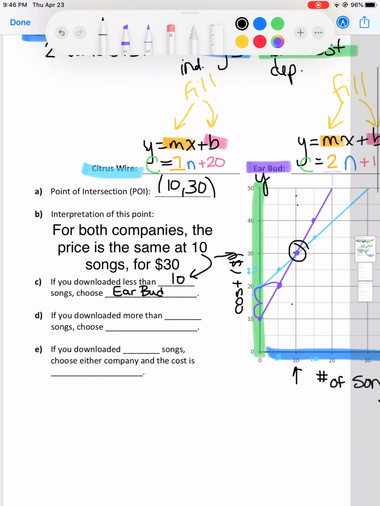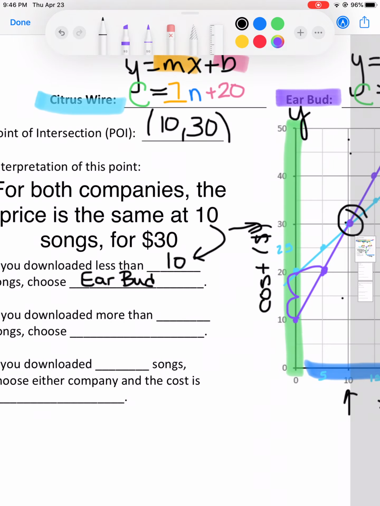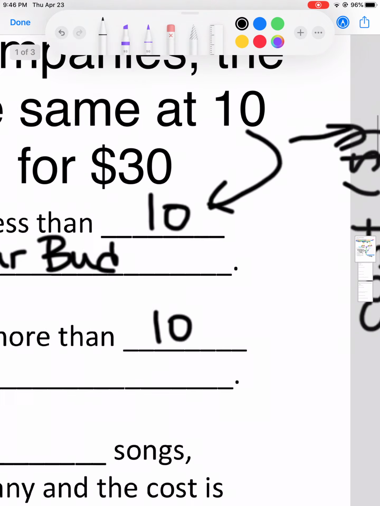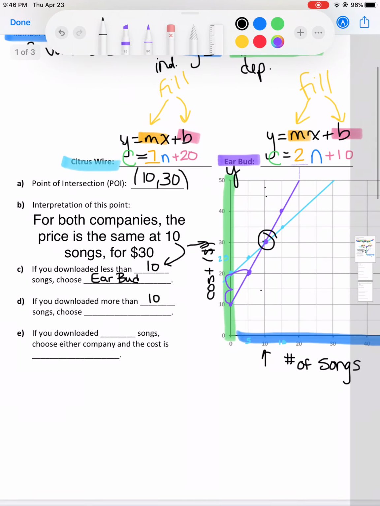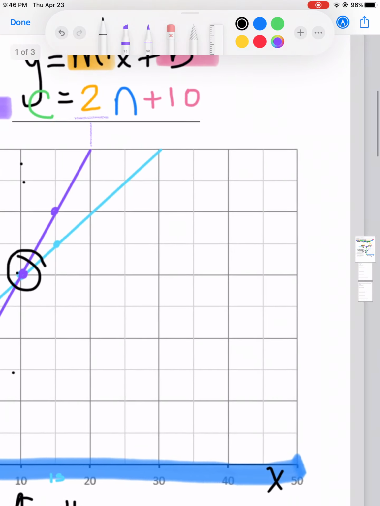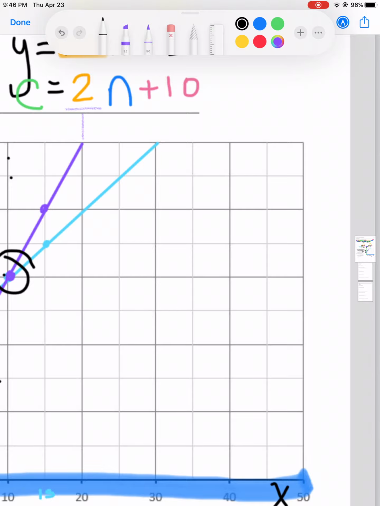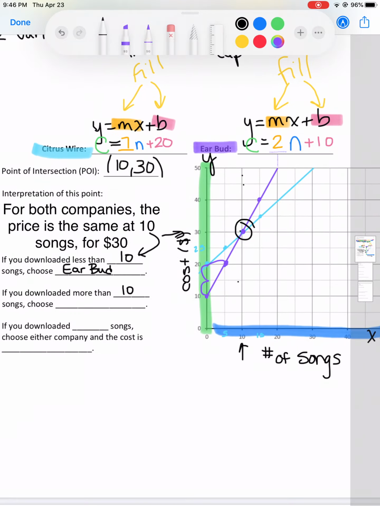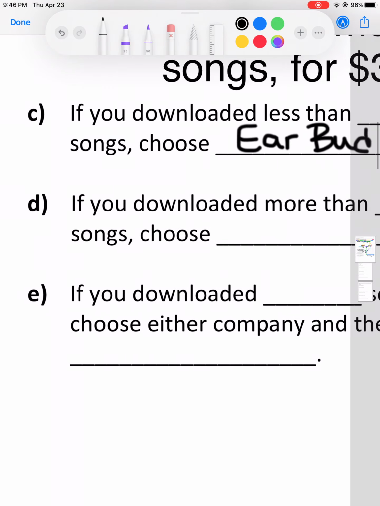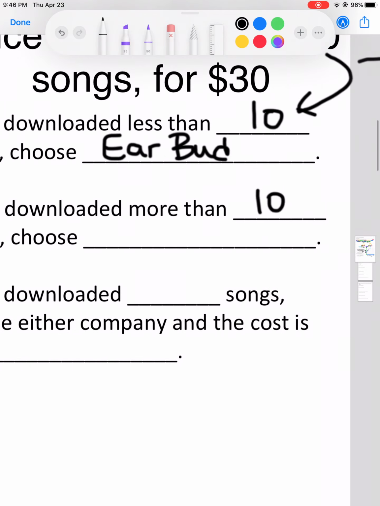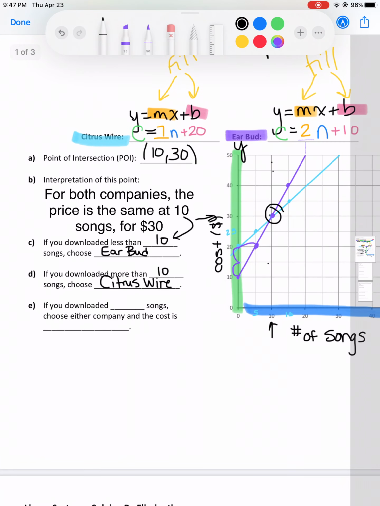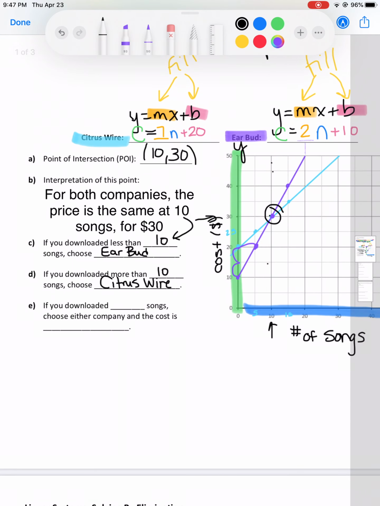If you downloaded more than 10 songs, again, we're going to use the one that we compare it to. We're going to choose the other guy, because if you look, 10 or higher, the purple gets more expensive. So the light blue or citrus wire is less.